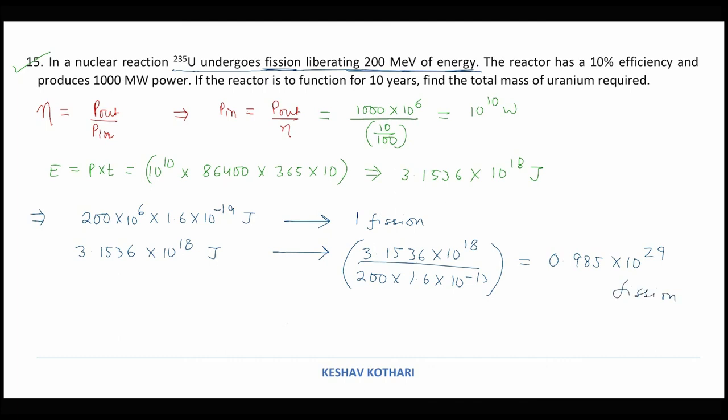So with this it is clear that this is the amount of uranium atoms that is required. So the amount of uranium-235 required will come out to be 0.985 into 10 to the power 29 atoms.